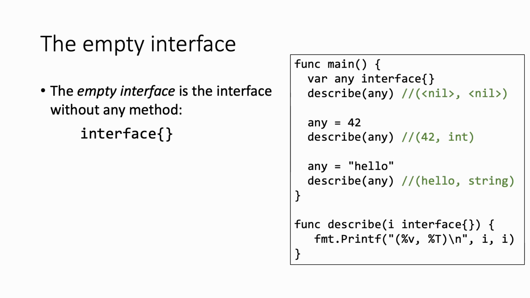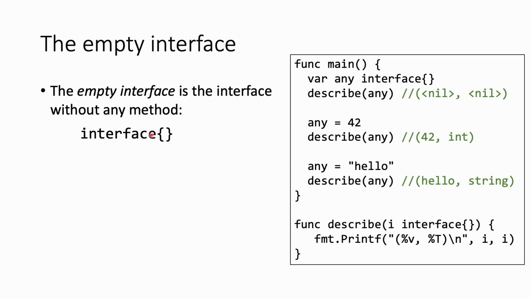Recall that an interface is just a set of method signatures, but that set can be an empty set. The interface with an empty set of methods is called the empty interface. It is denoted by the keyword interface followed by the braces with nothing inside.